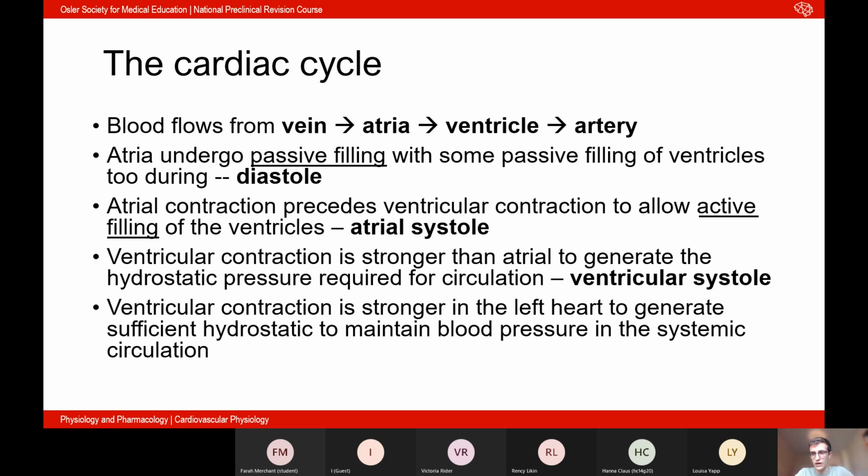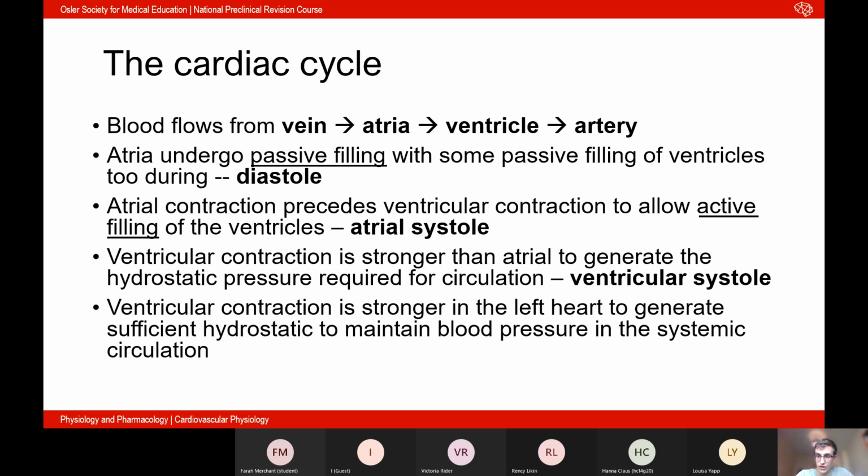This is what the heart goes through for every complete heartbeat to move blood through those chambers, atria to ventricle and then out. So first we have this diastolic phase where the heart is relaxed and blood returns from veins and fills the heart, mostly the atria. We then have atrial systole, which is where we get atrial contraction to actively fill the ventricles.